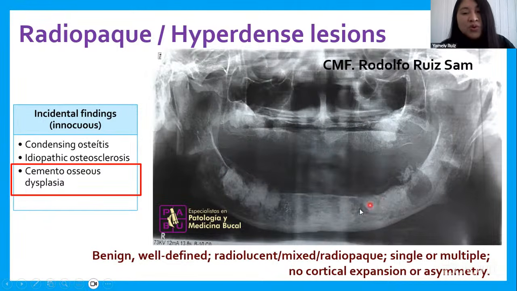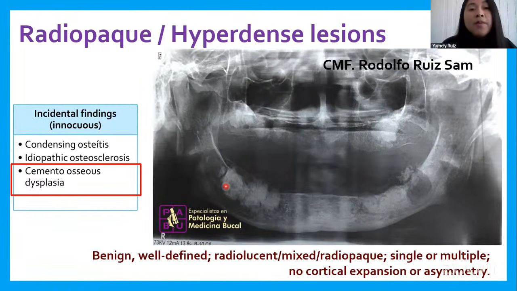Here there are another 2, 7, 8, and here we have a mixed one. So that's the definition or the behavior of this entity. At the beginning it is radiolucent, then it becomes mixed, and then it becomes radiopaque.